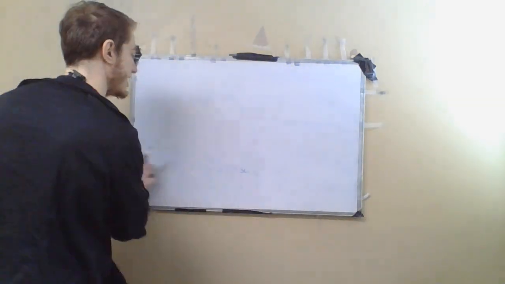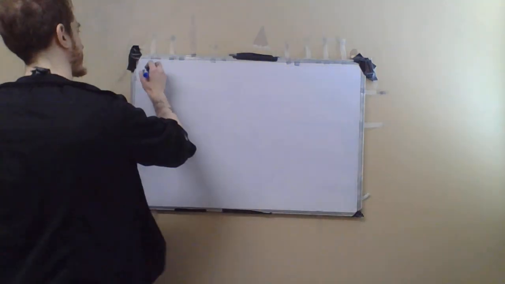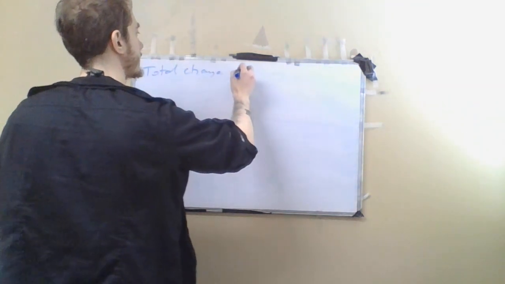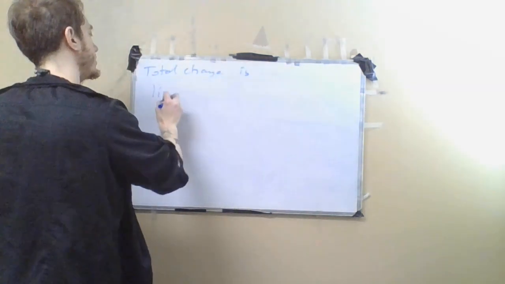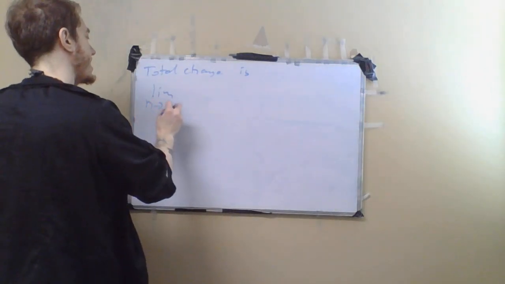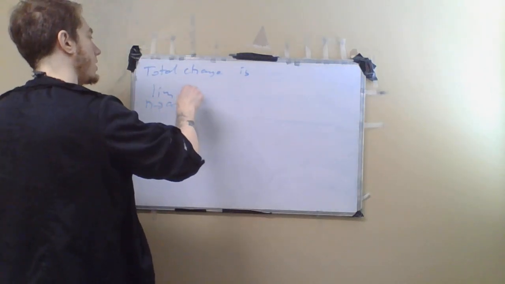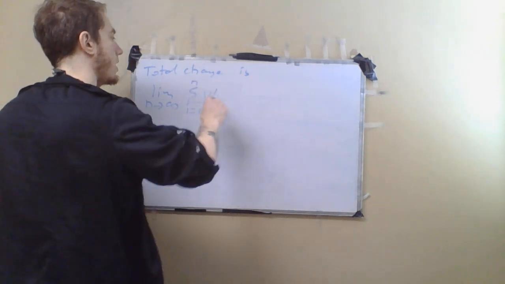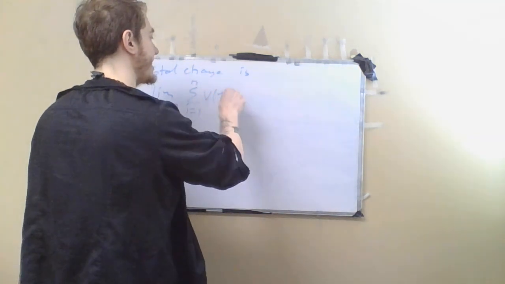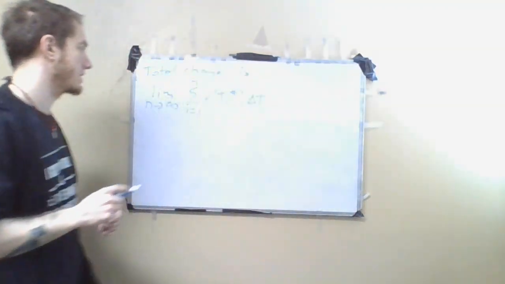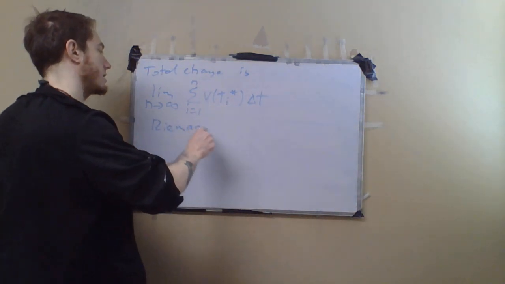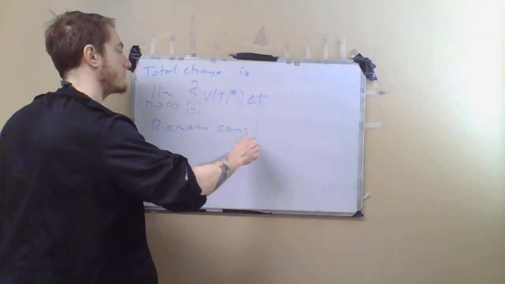What this means is that the total change is going to be the limit as n goes to infinity of the sum from i equals 1 up to n of v evaluated at ti star times delta t. It's the limit of the Riemann sums.